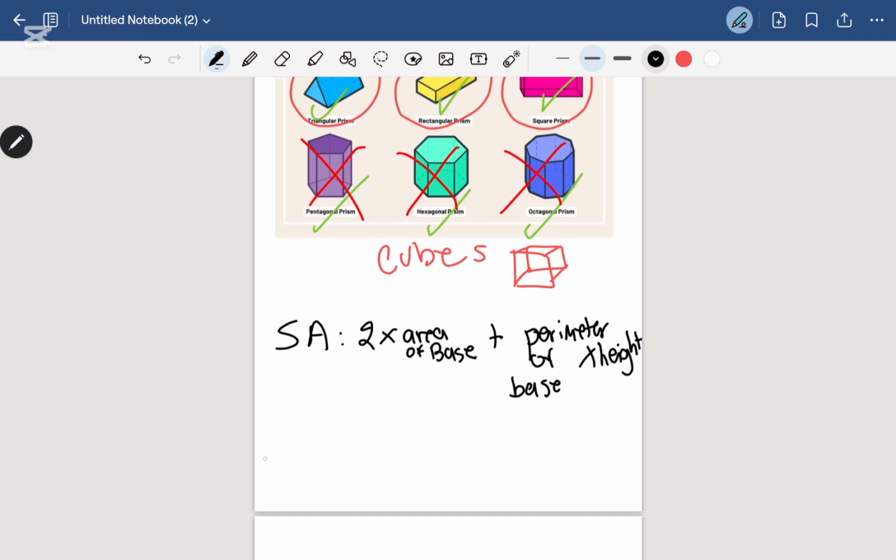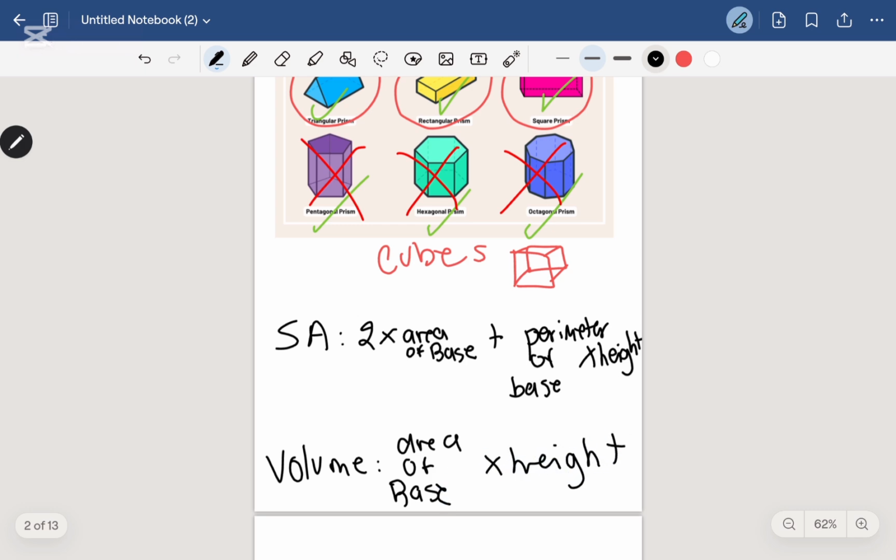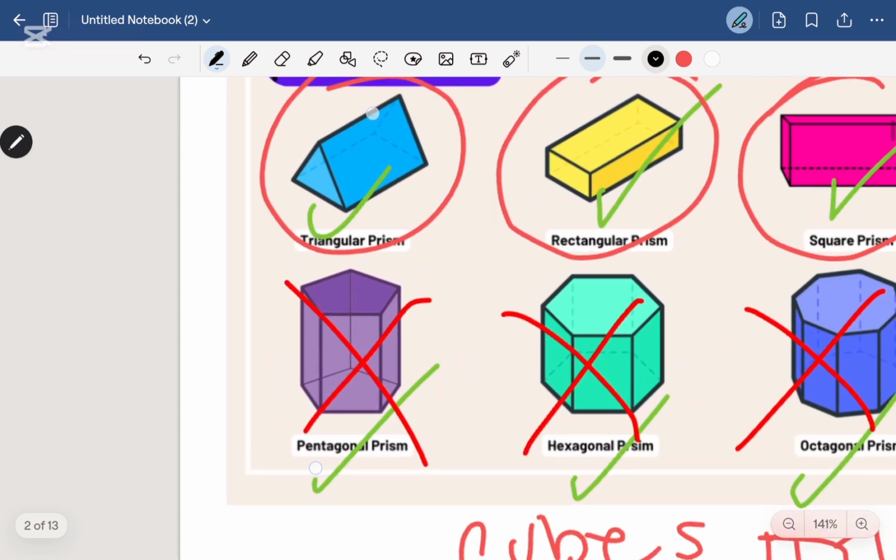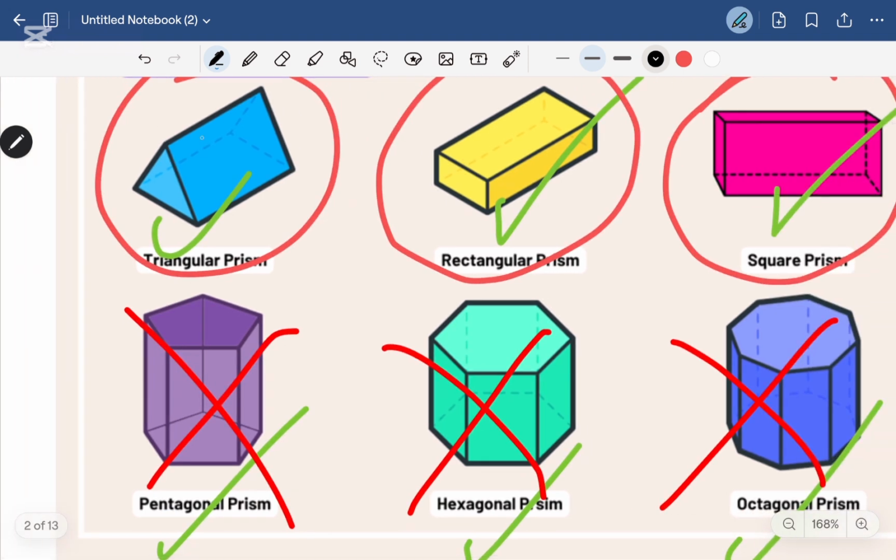Now, the second thing, which is the volume, which is always a constant: the volume of any prism is equal to the area of the base times the height. So, in this case, if you were to take a triangular prism, to find its volume, it would be the area of the triangular base multiplied by the height.